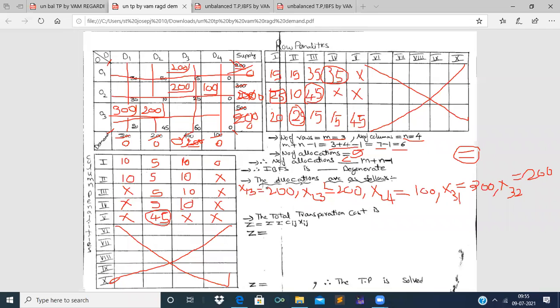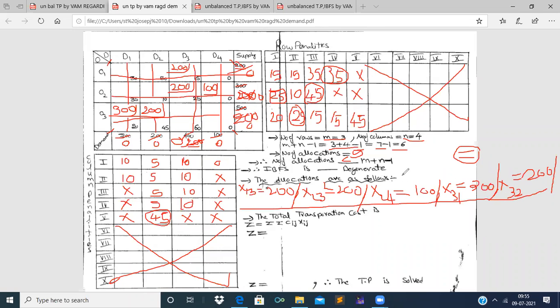So these are the allocations: x13 is equal to 200, x23 is equal to 200, x24 is equal to 100, x31 is equal to 300, and x32 is equal to 200. We have finished writing the allocations.